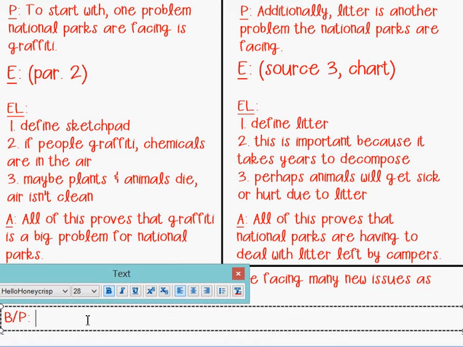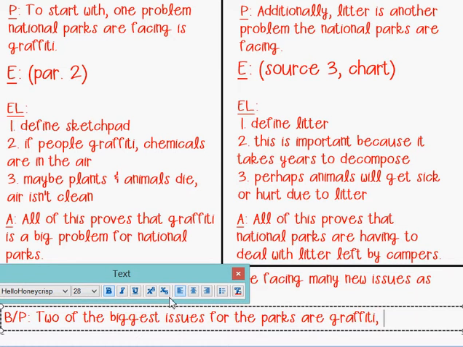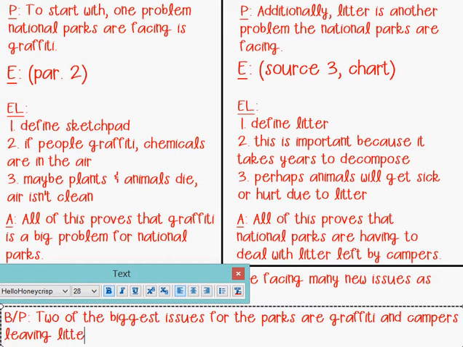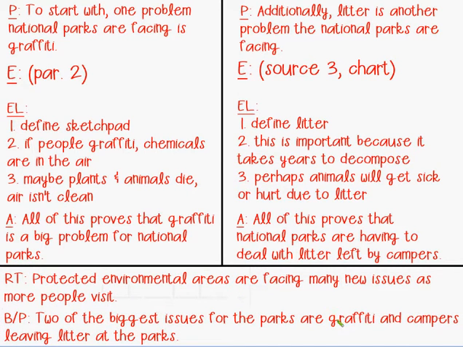So we can start off with 2 of the biggest issues for the parks are graffiti, so there's my bucket 1, and campers leaving litter at the parks. Okay, so you'll notice I have used both points, graffiti and litter, which come from my points up here.